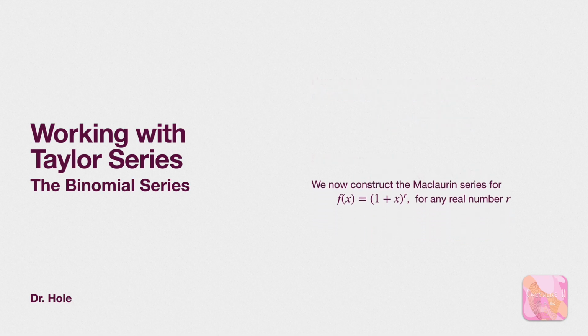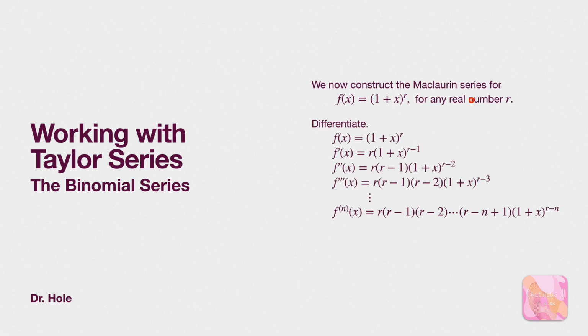Well, if we want to come up with a Maclaurin series, we're going to need to take derivatives. So if we look at this function, it's a pretty simple function. We have the chain rule at our disposal to be able to differentiate. Here's the 0th derivative, it's just the function.